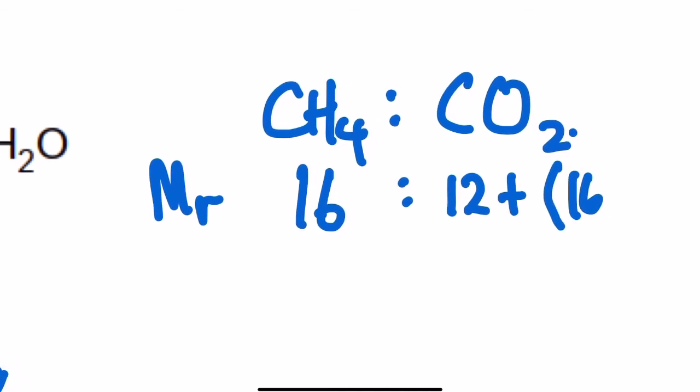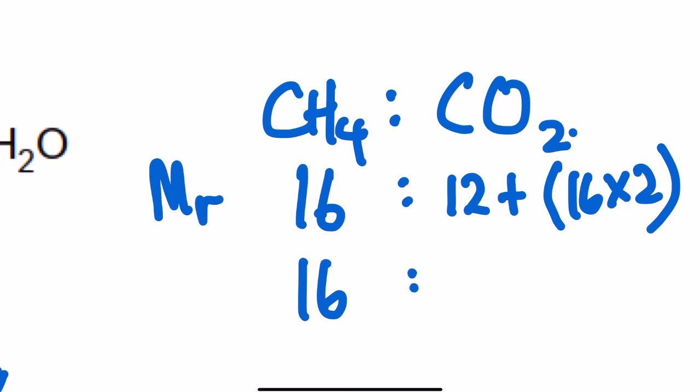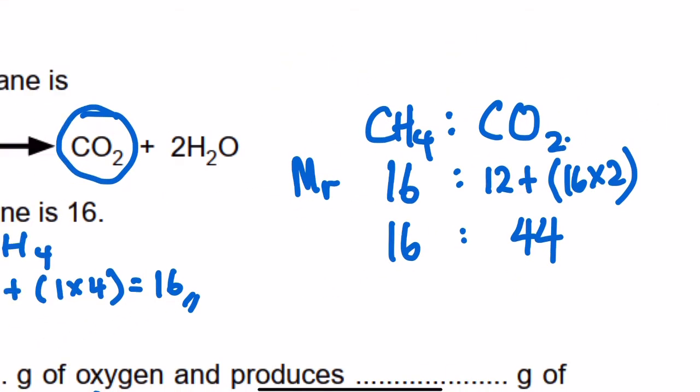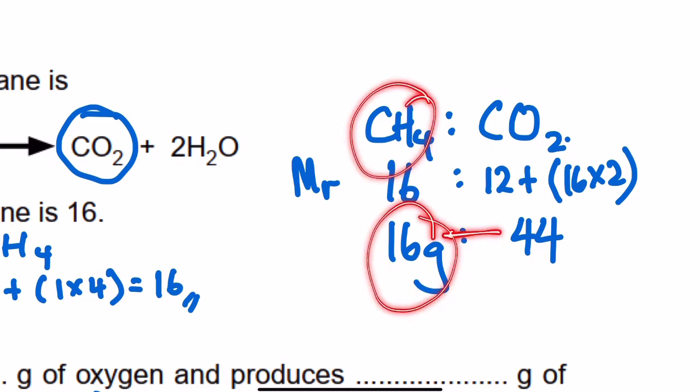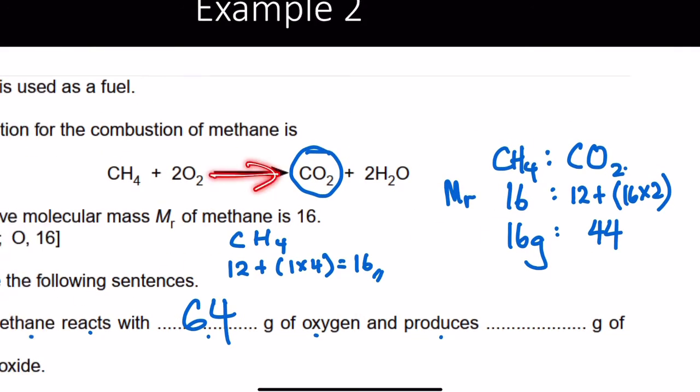Then times with 2 of oxygen. So 16 of methane will ratio to, if you calculate all this, it will give you 44. So what this ratio means, 16 gram of methane will produce your carbon dioxide. How much is it? 44 gram of carbon dioxide. So this answer will be 44.